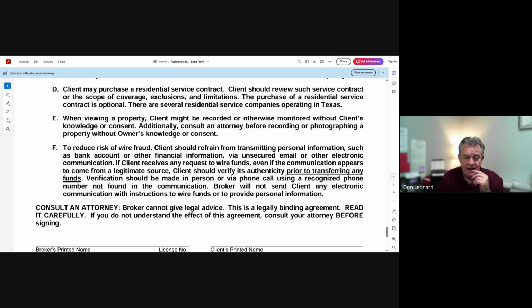We had a transaction where we represented the sellers, and the sellers were a same-sex couple. The buyers put the contract in on the property. We're having the property inspected, and the buyers and the inspector were standing in the house looking at their pictures, making fun of them and saying some derogatory things.